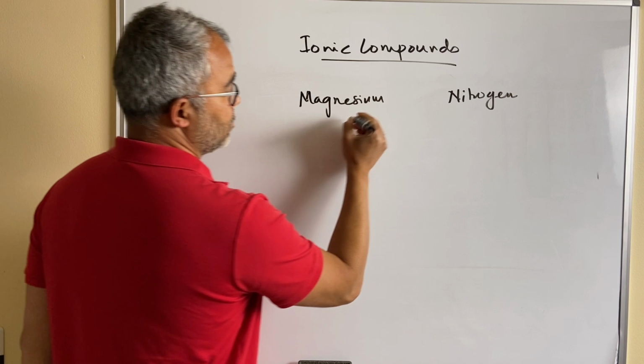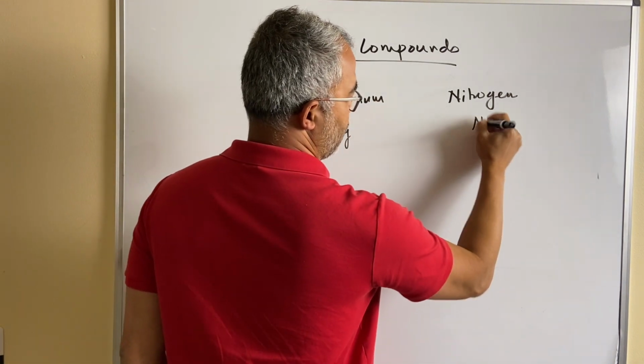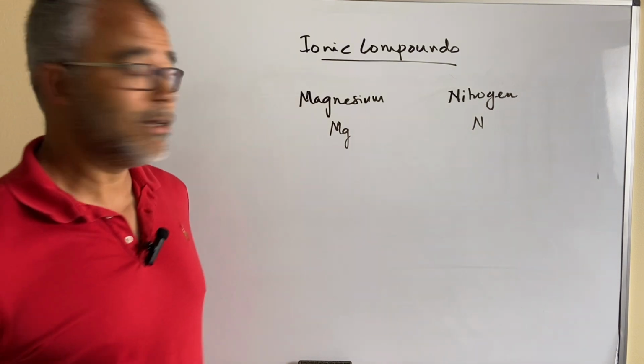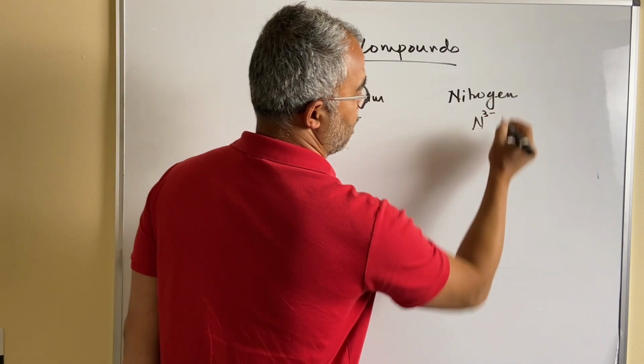Okay, so the symbol for magnesium is Mg, symbol for nitrogen is N. If you look at the periodic table based on the discussion we just had, magnesium is going to form a 2+ charge and N is going to form a 3- charge.